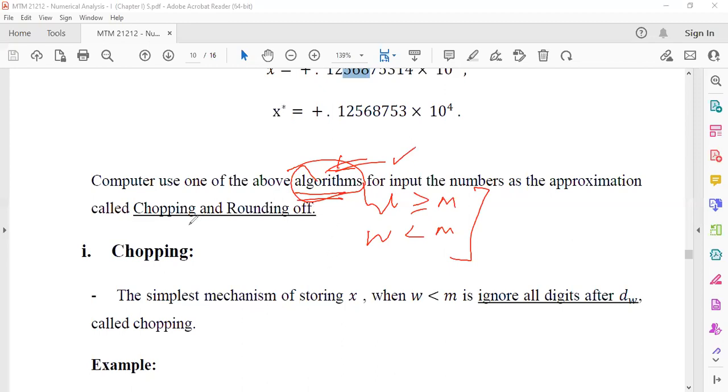It's doing two methods to cut this out. If you're giving 10 numbers, it cuts to 8 numbers. If you're giving 4 numbers, it is also 4 numbers with zeros. These are things the computer itself does with the algorithm given. So there are two approximation algorithms: chopping, and the next one is rounding off. Let's see what it is in detail.